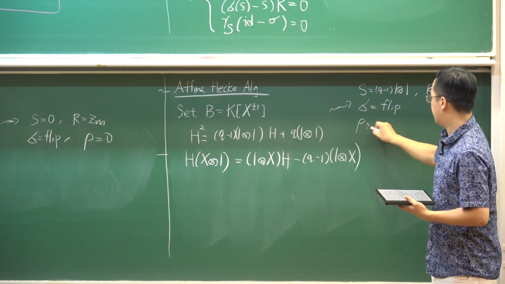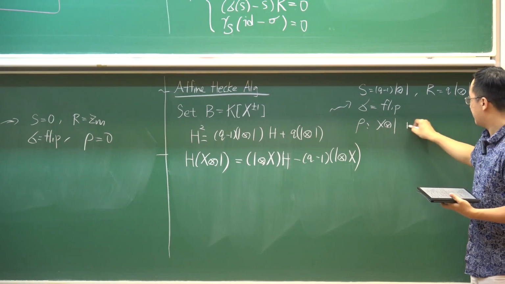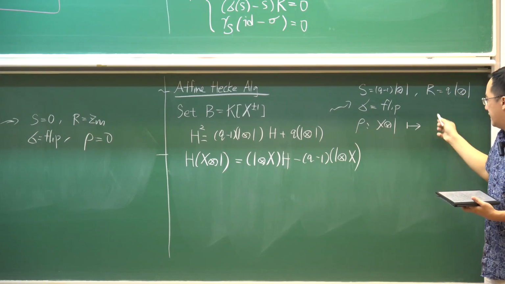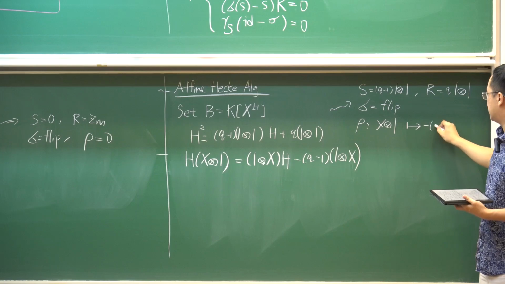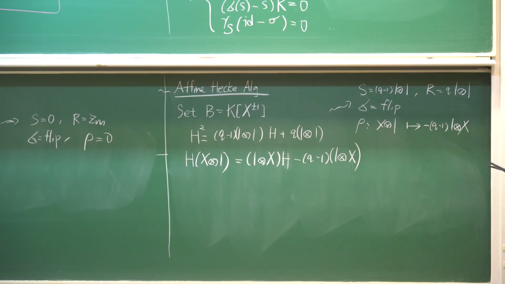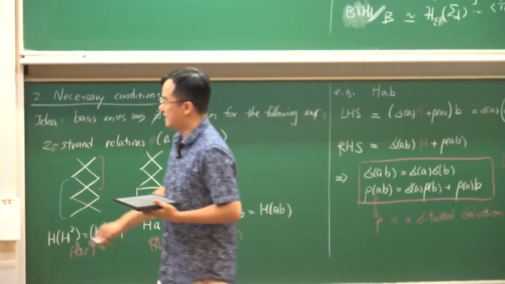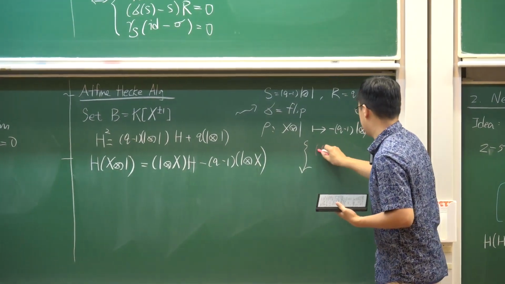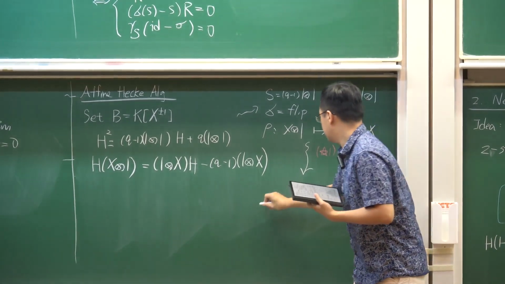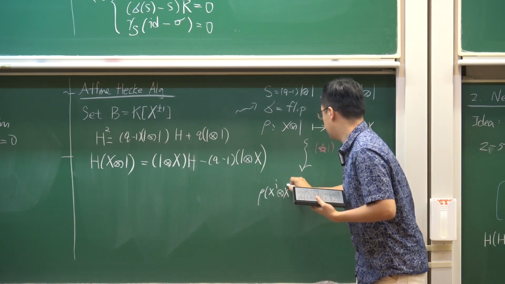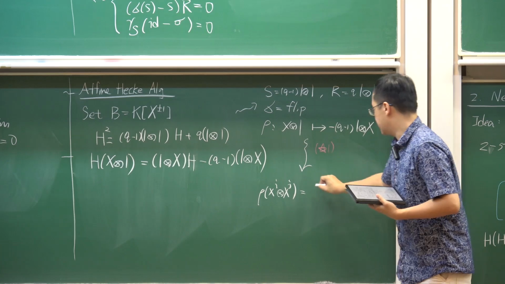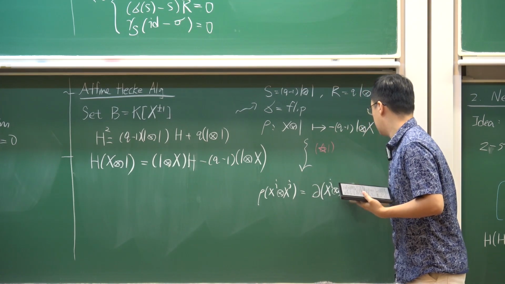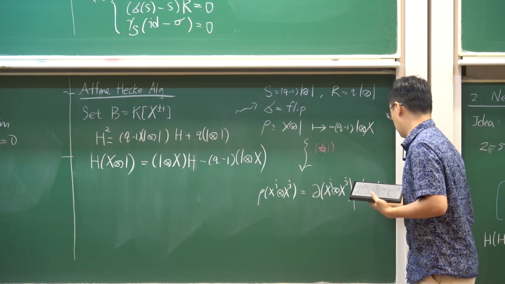And rho, at the moment, is only defined on X tensor 1, and it sends X tensor 1 to the extra term, which is minus (Q minus 1) tensor X. Okay, so what I claim is, assuming only that rho is a sigma twisted derivation, then this uniquely determines that it sends an arbitrary element to the de Morgan operator times rho of X tensor 1.